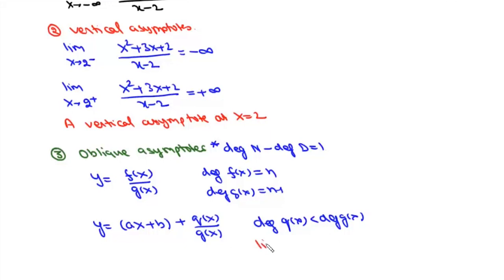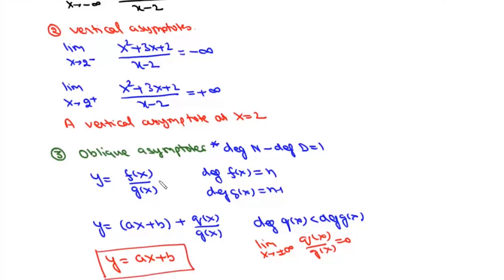Now if we take this limit x tends to plus infinity or minus infinity, this limit q(x) upon g(x) will be 0. So this line y equals ax plus b will be an oblique asymptote for this rational function.